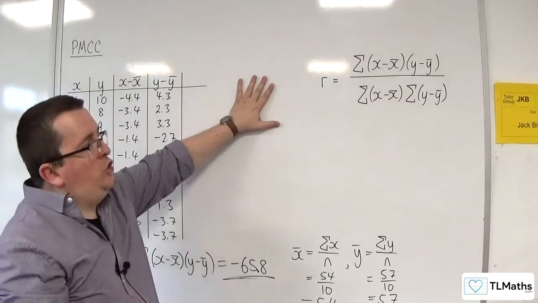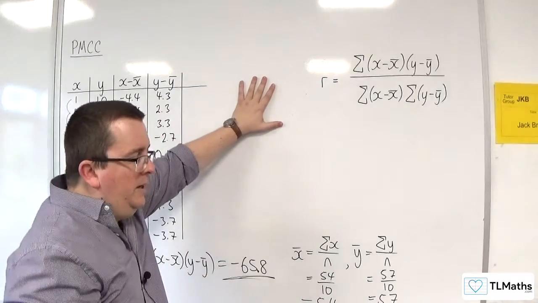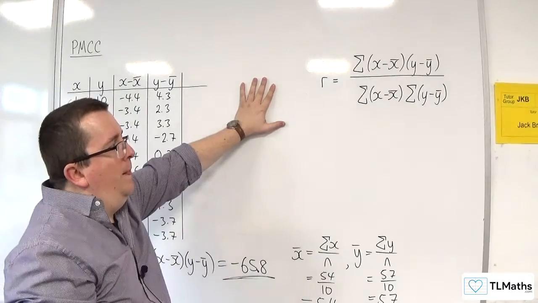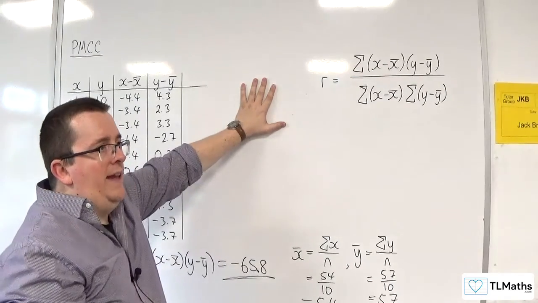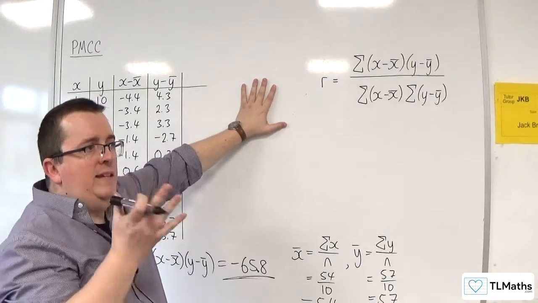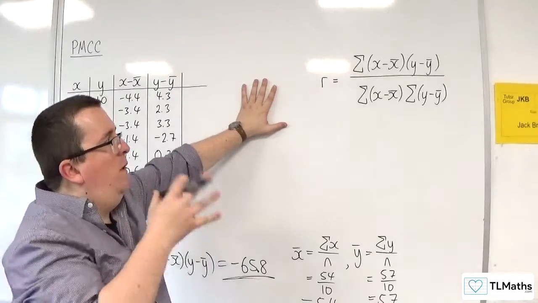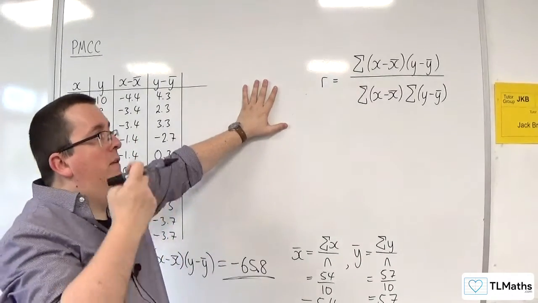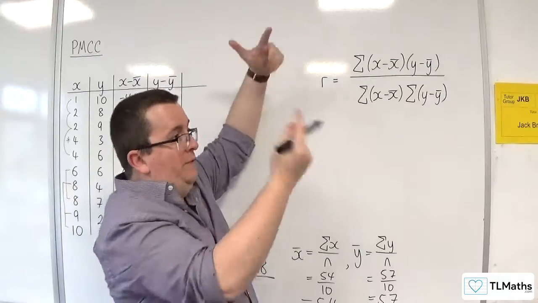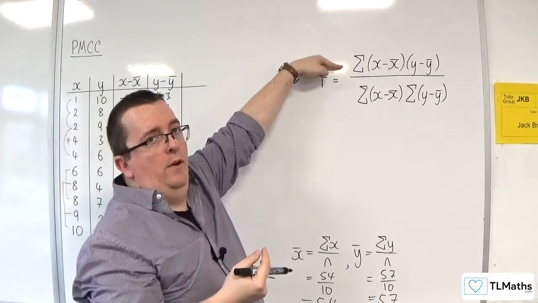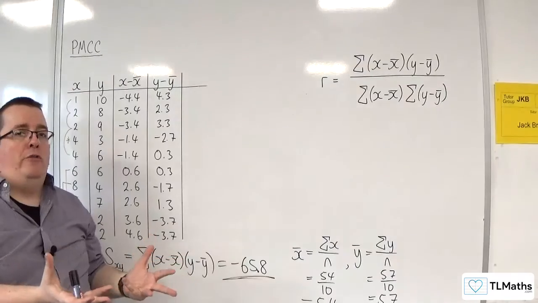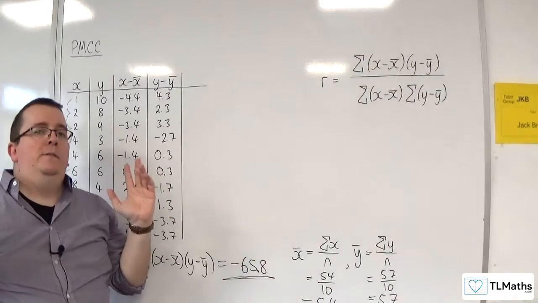Now, I can't just do that, and the reason for that is I'm going to get some positive negative issues coming through. It may well be that that cancels out the positive or negative that's in my top row. Remember, that is identifying whether it's positive or negative, so that's fine.